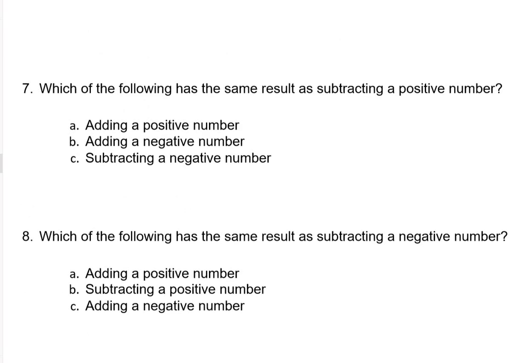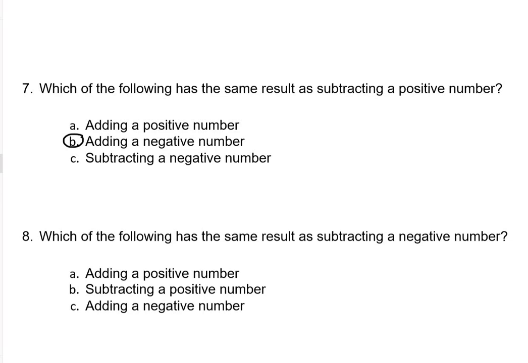Problem number 7, which of the following has the same result as subtracting a positive number? So if you're taking away a positive number, that's like taking away helium. So that's going to be the same result as adding a negative. Problem 8, which of the following has the same result as subtracting a negative number?